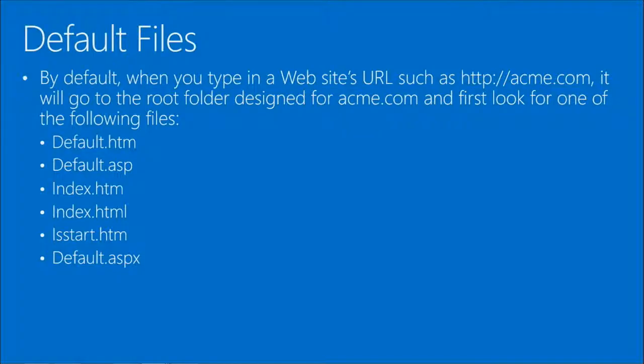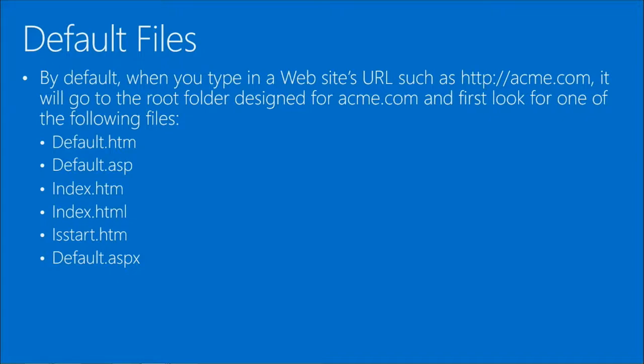When you access a website, there are default pages on the site that are looked for. So when you go to the website http://acme.com, it looks for the following files: default.html, default.asp, index.html, or default.aspx.